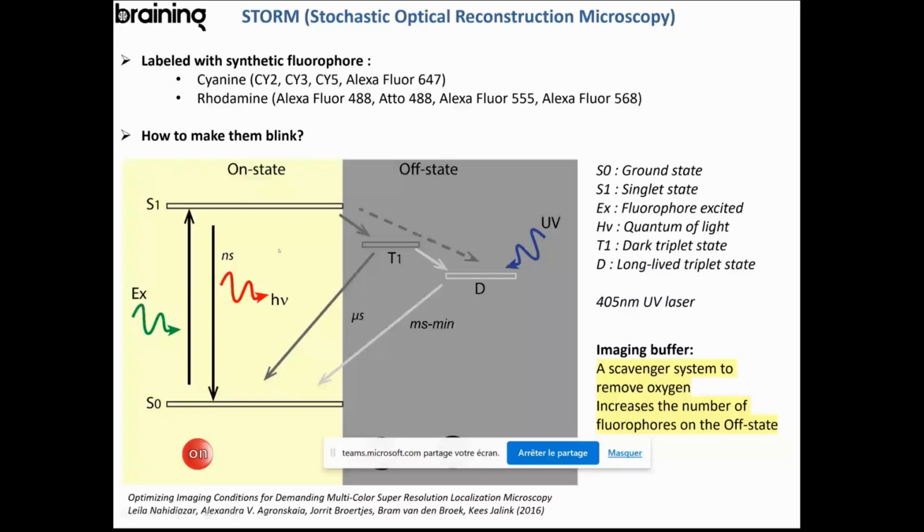So that's really the principle of how we turn on and off these single molecules. We can synchronize and activate them using UV light. To control the off state, so you want to keep them a little bit longer in the off state, we use what we call a scavenger system that removes oxygen from the buffer to keep this off state much longer.